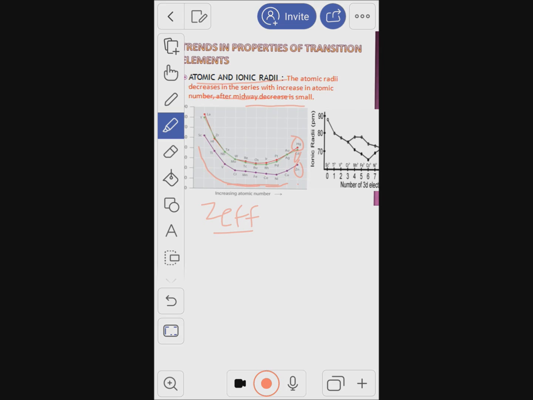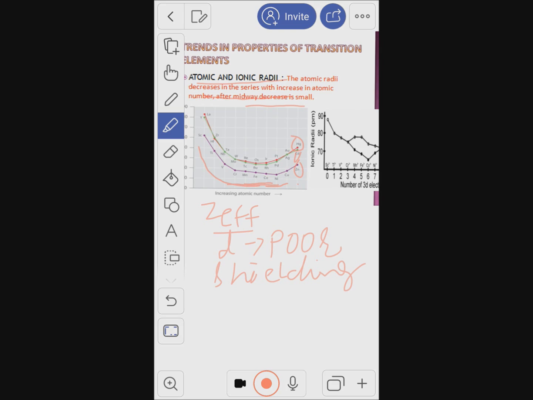But when the number of electrons increases, like from manganese to iron to cobalt, there is a poor shielding effect of d orbitals.